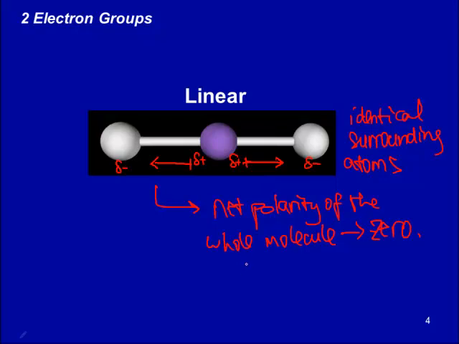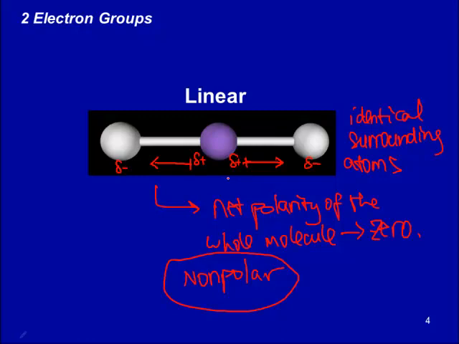It turns out this molecule, assumed with two electron groups in this way, is AB2E0, and will have the property of a non-polar molecule. Okay. However, a word of caution: if those two surrounding atoms are not the same, this goes out of the window.